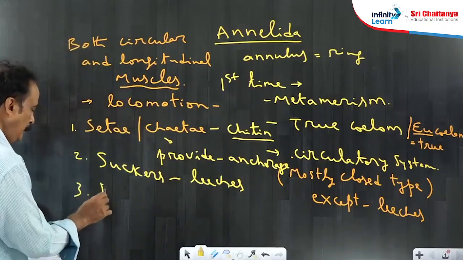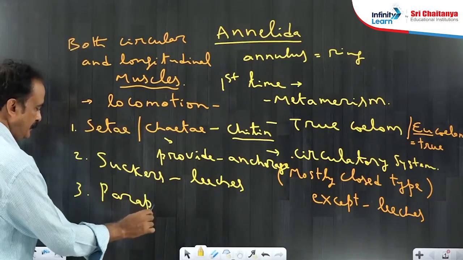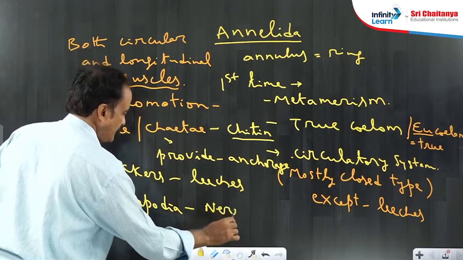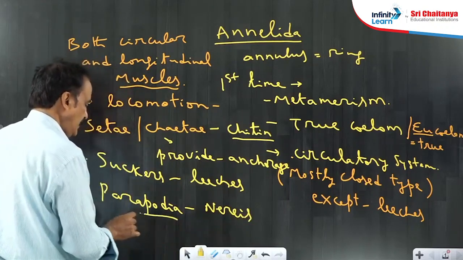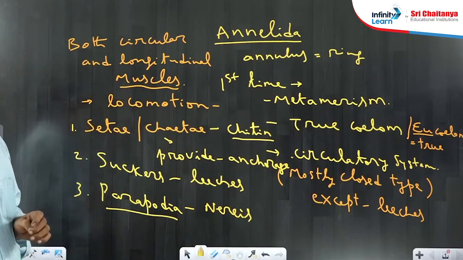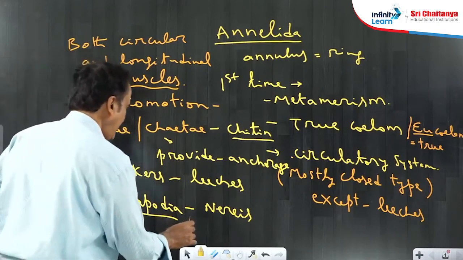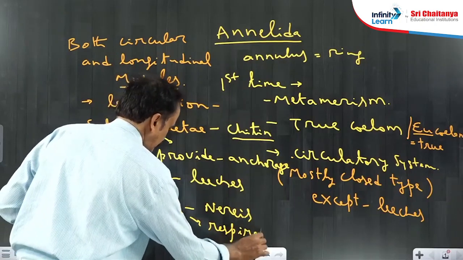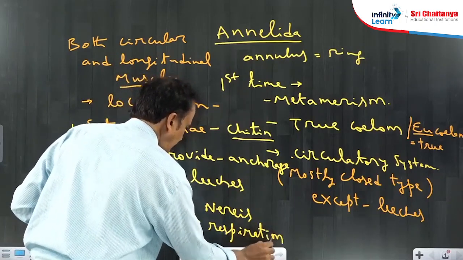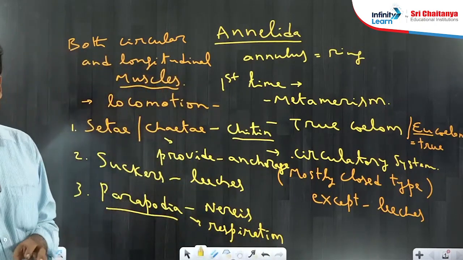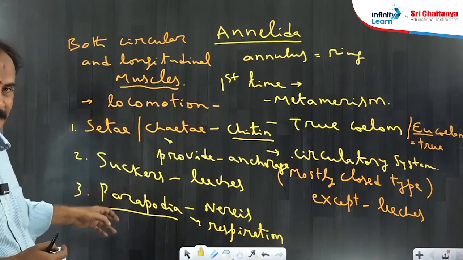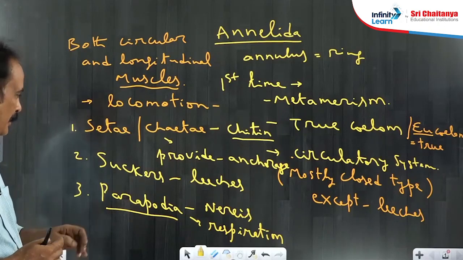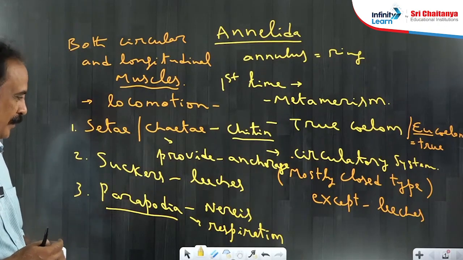And parapodia, like in Nereis, these structures help in locomotion as well as in respiration. So that is the speciality related to locomotion in these organisms.